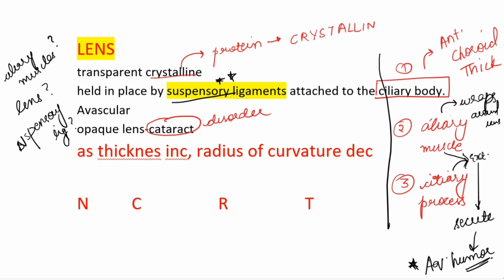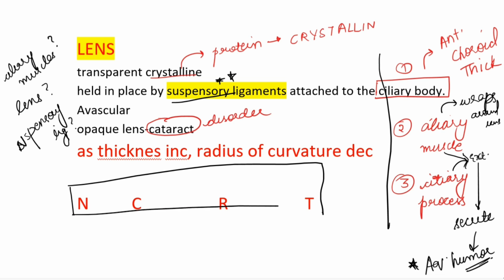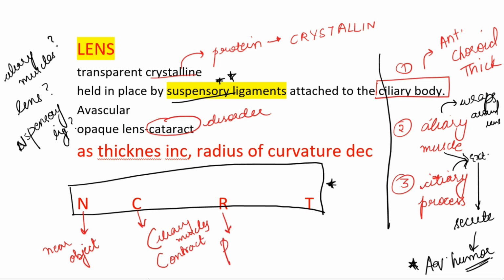So if you're not able to visualize it, I am here with another mnemonic, which is NCERT, the NCERT book, but the E is absent. You just need to keep that in mind. N for near object, C for ciliary muscles contract, the R for relax, the ligaments relax, and then T for thick, the lens becomes thick and bulges.